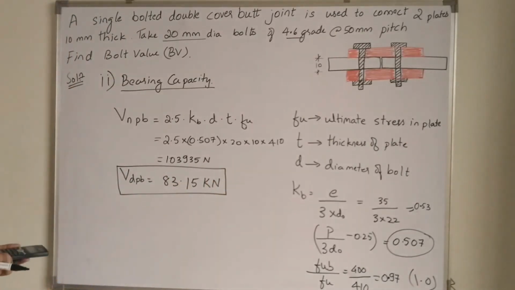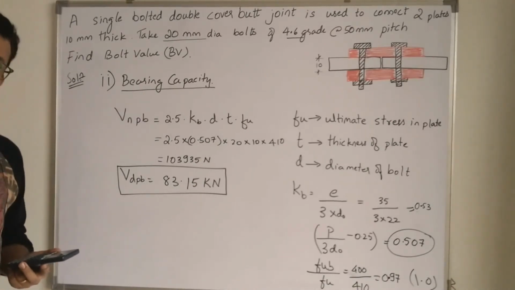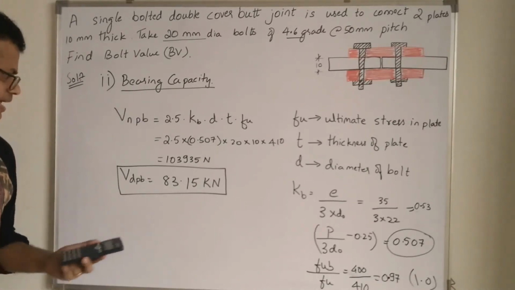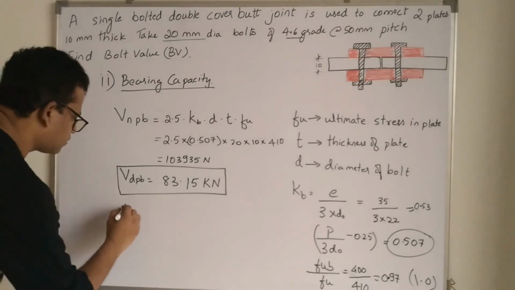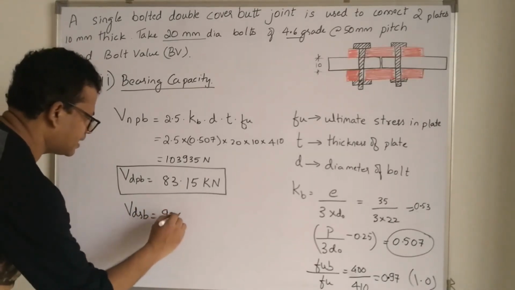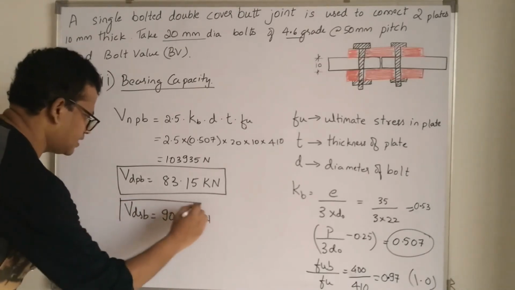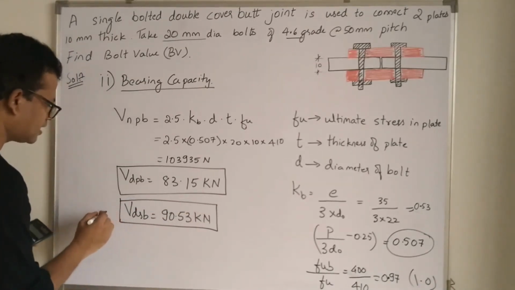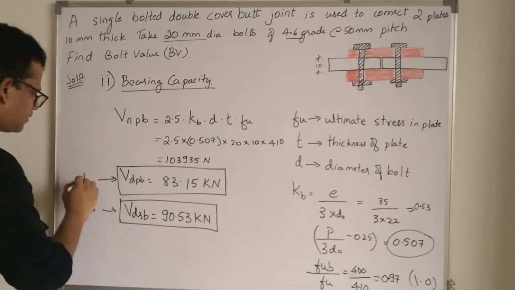Okay, we had seen the value of VDSB was 90.53 I think, and VDPB is, okay, let me write that also. VDSB that we calculated is 90.53 and this is shear, and this is bearing.